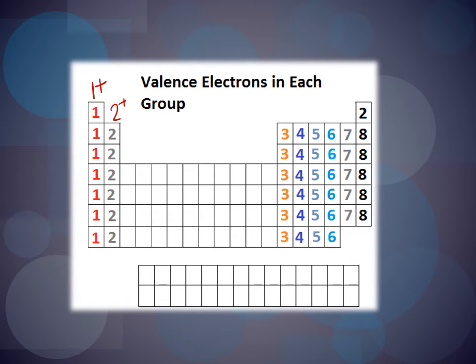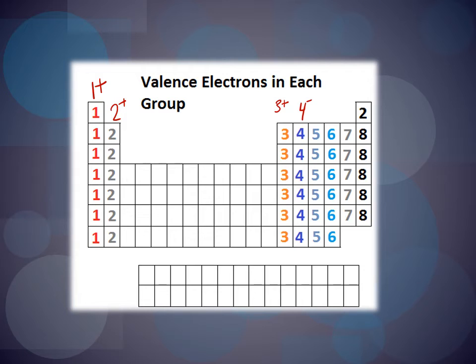And here, you're going to have a 3 plus charge if there's only 3 electrons in your valence shell. But in our 4th group here, for example, carbon, if there's 4 electrons in your last shell, what's going to happen? Well, you're going to have a 4 minus.